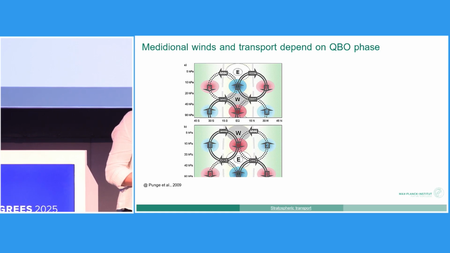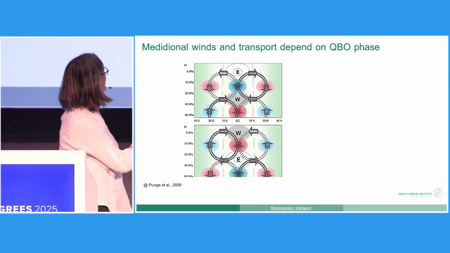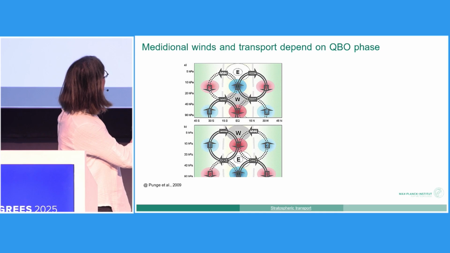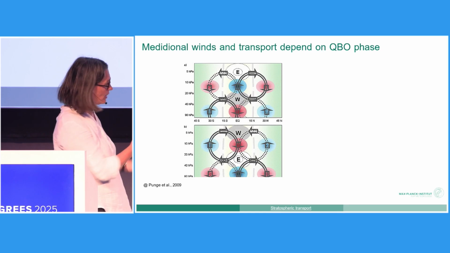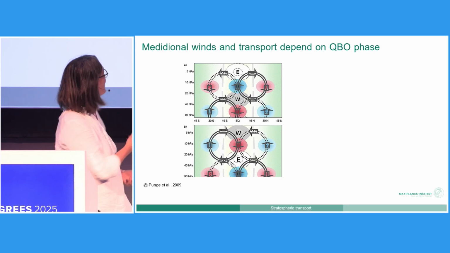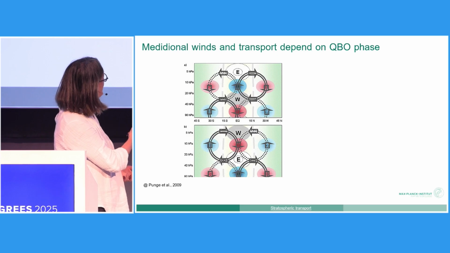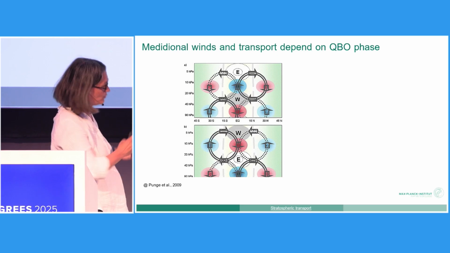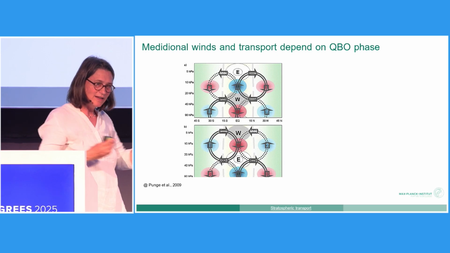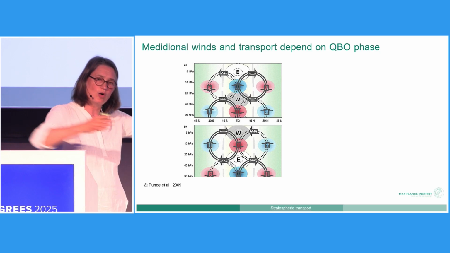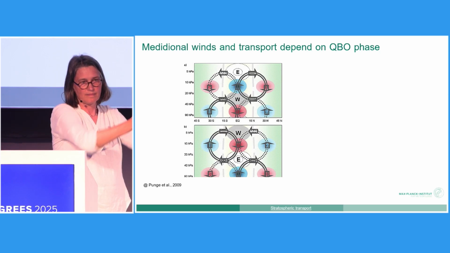And the transport in the tropics or out of the tropics depends on these winds in the QBO. When we have westerly winds in the level where we have our main aerosols, then, caused by the Coriolis force, we have the westerly jet and an inflow into the tropics.